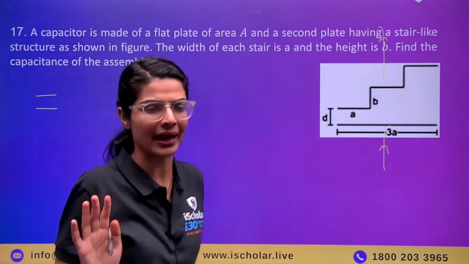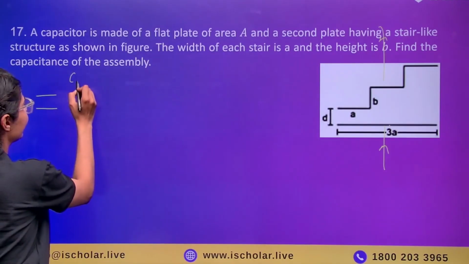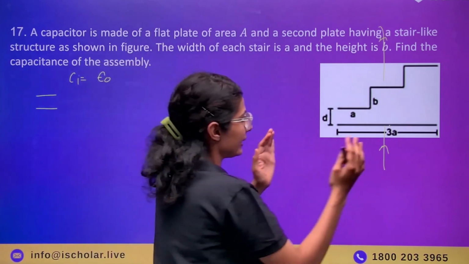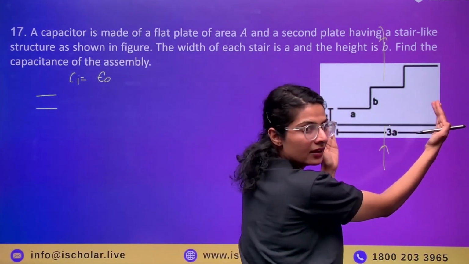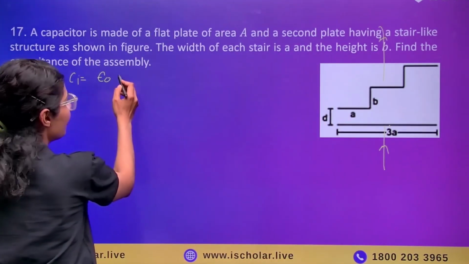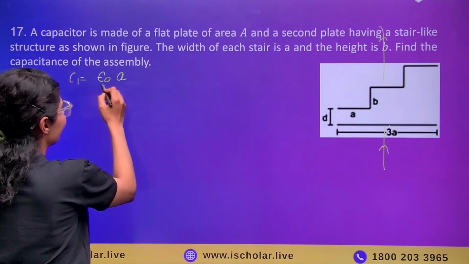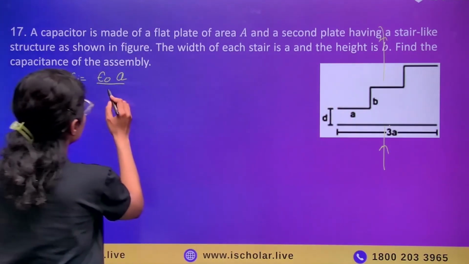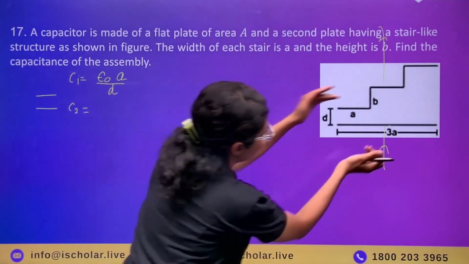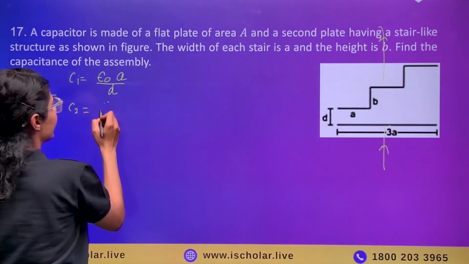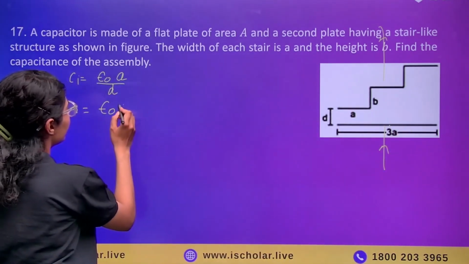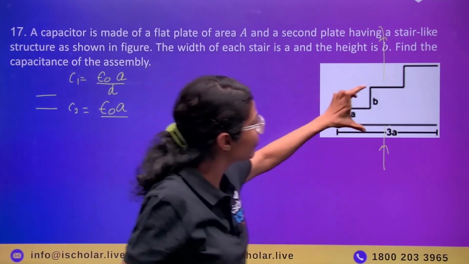First, I will write the capacitance of all. So C1 value, I'm writing it to be epsilon naught times area. See, if the area of this whole plate is 3A, what is the area of the first capacitor? That would be simply A divided by the distance between them, which is D. Coming to C2, it will be written for this capacitor as epsilon naught, the area is A, and the distance between them?